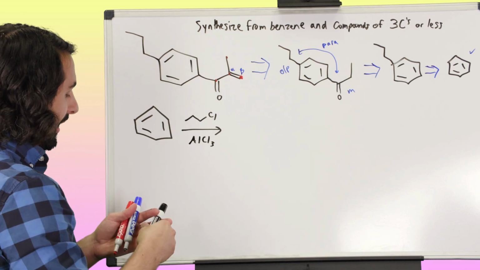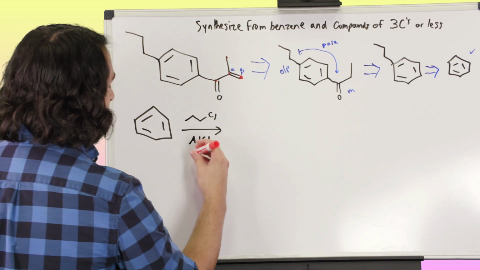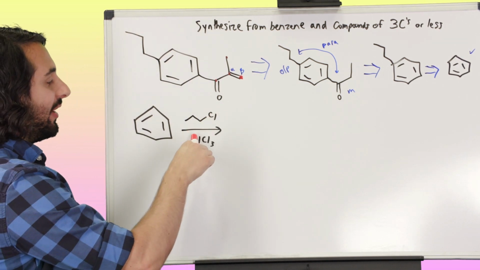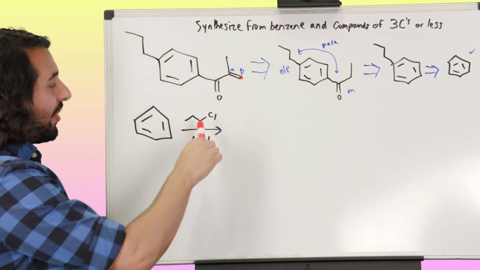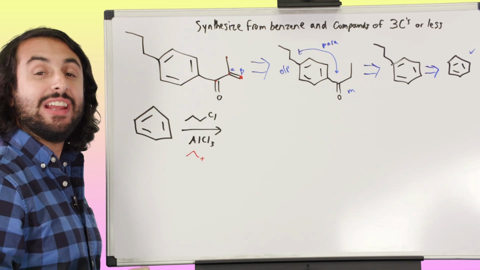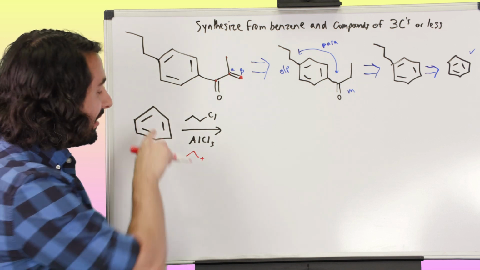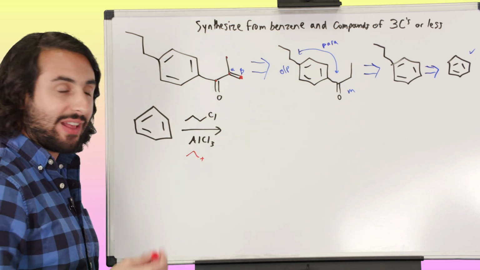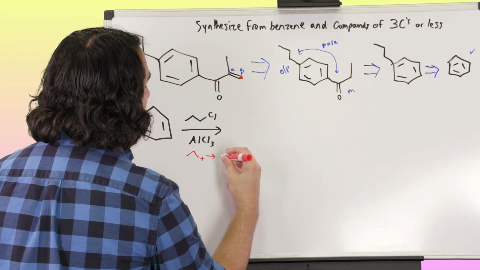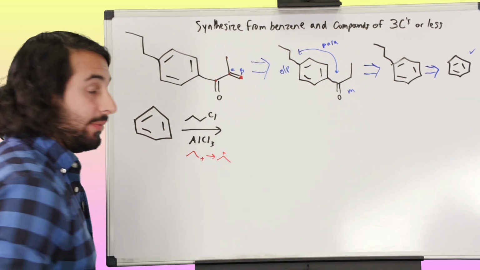Well, we would have an intermediate that looks like this, right? Because after this chlorine interacts with that aluminum, and then that carbon-chlorine bond severs, we're going to be left with a carbocation intermediate. That is what benzene interacts with, right? That's the more reactive intermediate. And if we have a carbocation that can rearrange, it will, right?